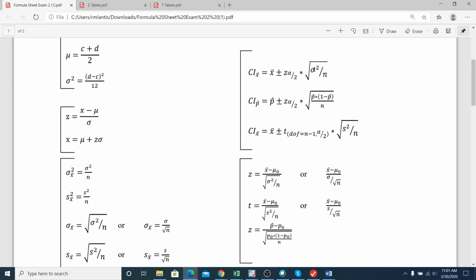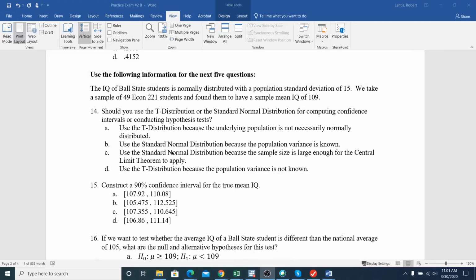Because we have that information, you're using that z, or standard normal distribution, or z tables. So here we should be using the standard normal distribution because the population variance is known, right? If we know the standard deviation, we automatically also know the variance because we would just have to square it. So B is going to be our correct answer there.